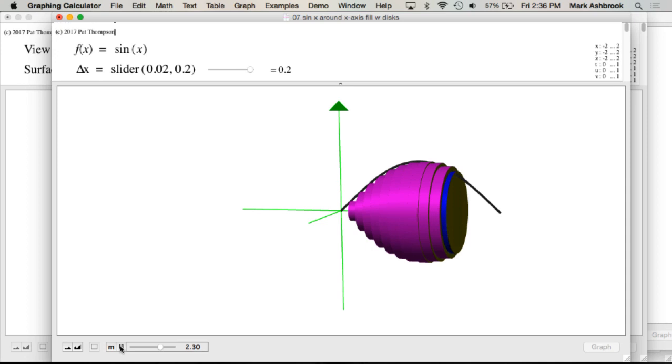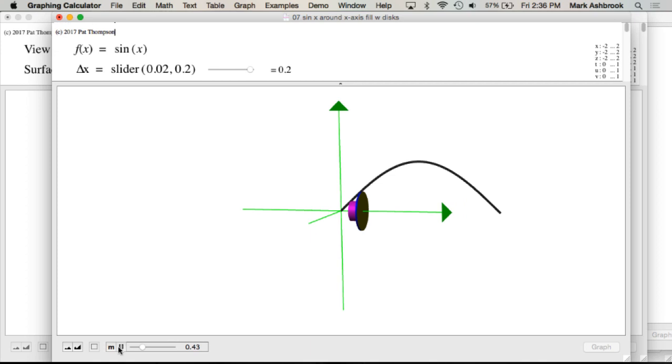In the current interval, how is that cylinder changing? Is its radius changing? Is its height changing, or both? You should be thinking just the height. Just the height is changing.